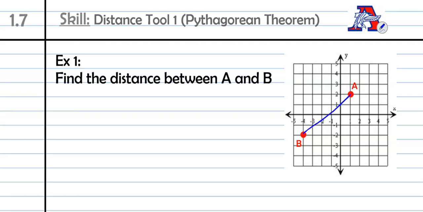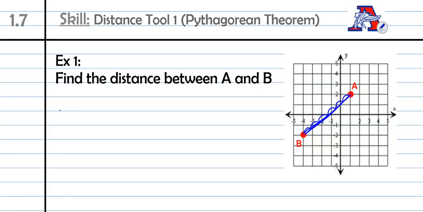So I would still connect those points just so you have an idea of what you're doing here. You can't really count boxes, but you can estimate about how many boxes that might be, just to have an idea before we get started, okay?